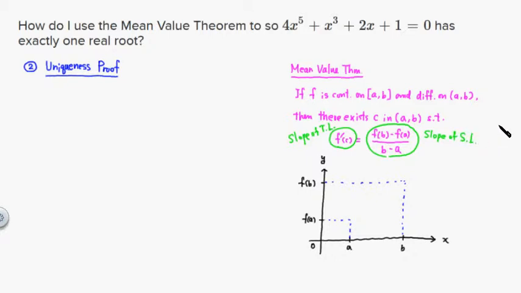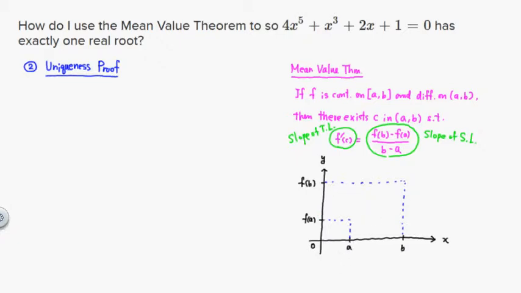So basically what it says is that between a and b, we can find a point c such that the slope of the tangent line matches the slope of the secant line using a, f of a and b, f of b, right?